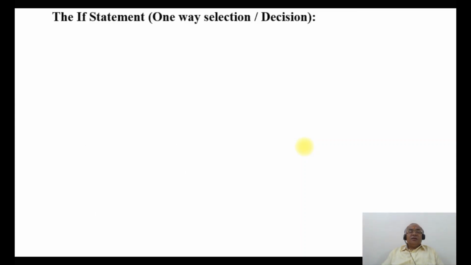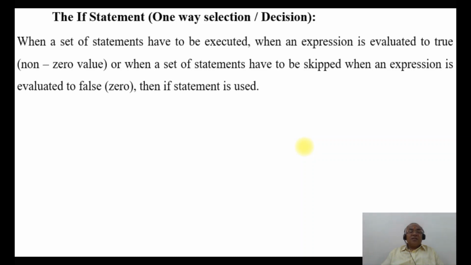Now, the first one is the if statement, which we call one-way selection, or simply decision making. A set of statements has to be executed when an expression is evaluated to true, that means if the condition is satisfied, then it will execute those statements.